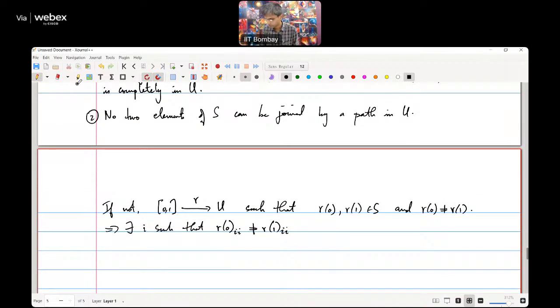So what do we do? We have this map from [0, 1] to U, and we just project to the ith coordinate.